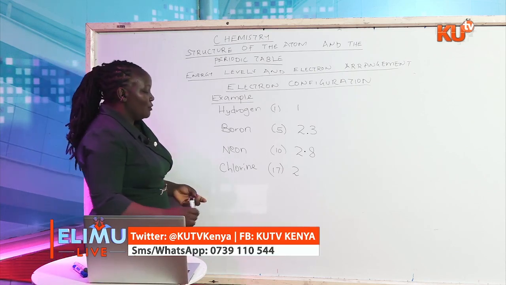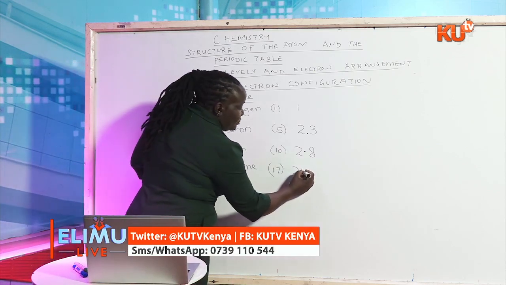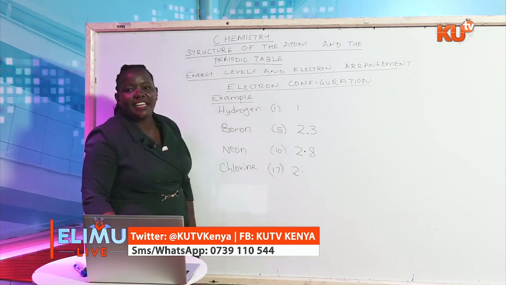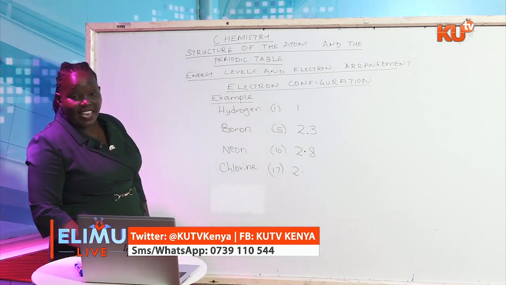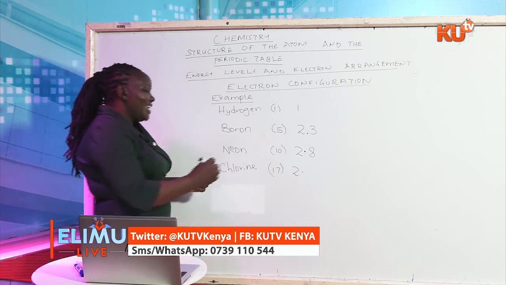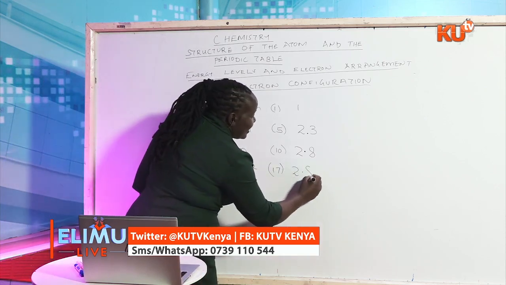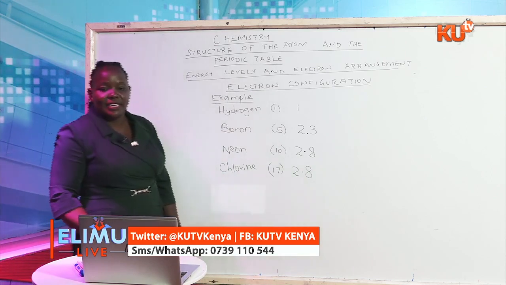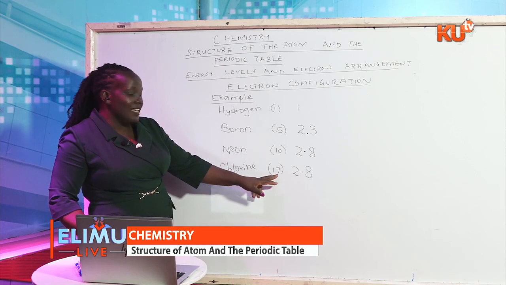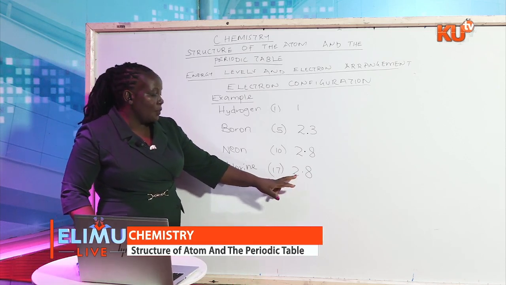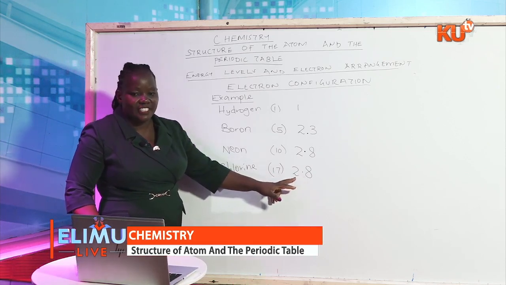The next energy level must be full. And we said that the second energy level accommodates a maximum of 8 electrons. So 8 will be accommodated in the second energy level. Let us check how many electrons we have now. They were 17. Already we have placed 8 plus 2, which is 10.